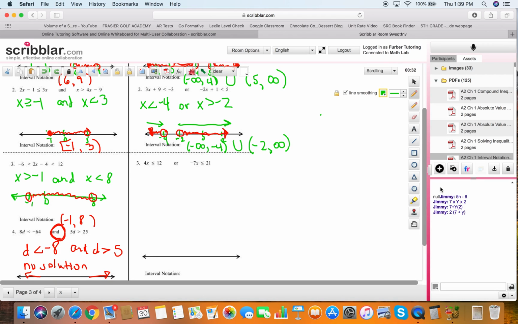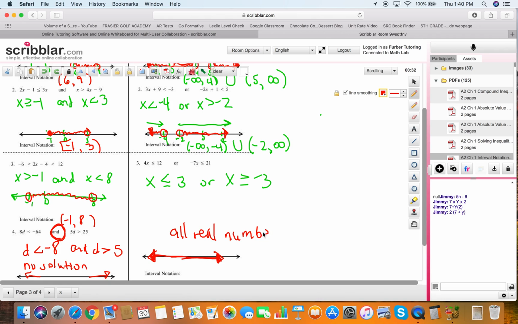And then the last example, remember what happened on the last example. It's supposed to be an or, but because the answers were this, it actually made one arrow go to the left and one go to the right, but it basically covered the entire number line. And so what we did was we just kind of drew one big arrow again to represent all real numbers, because that was the solution for this one, was all real numbers.